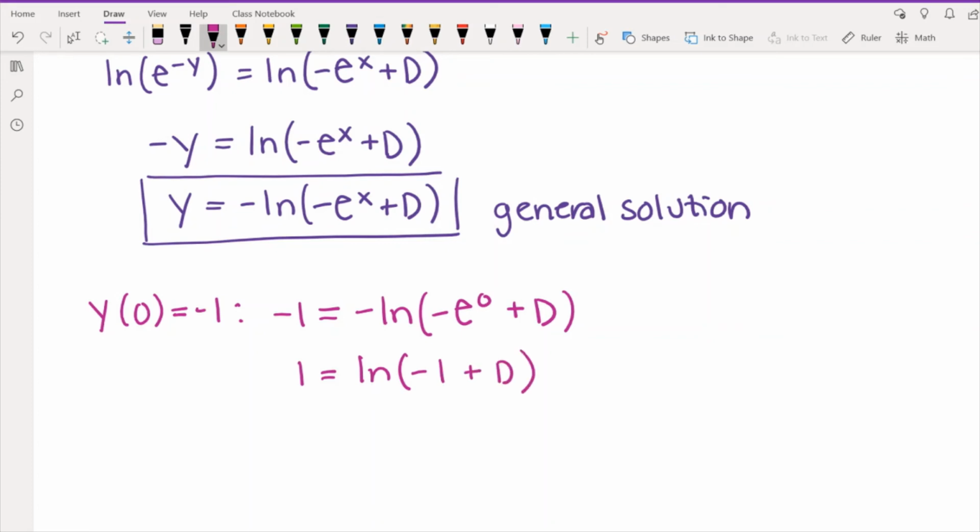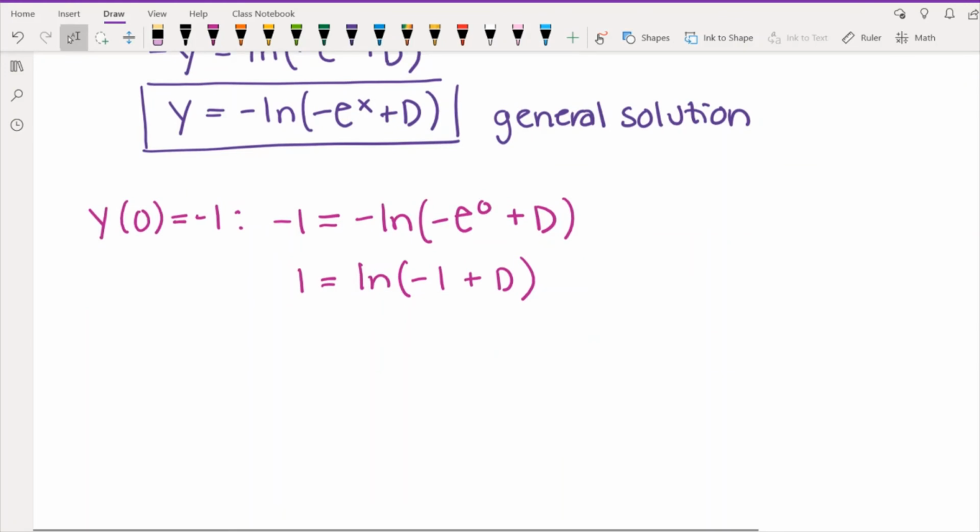Okay, so how do we solve this? Well, again, it's this game of reversing exponentiation and logarithms. We can do e raised to both sides. Or another way of thinking about it is that it's nice to just know ln of e is equal to 1, right? e is the only number that you can plug into ln and get 1.